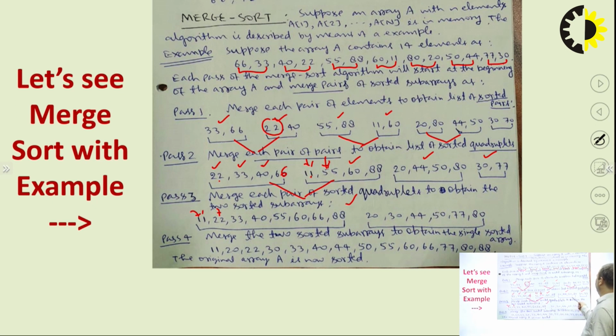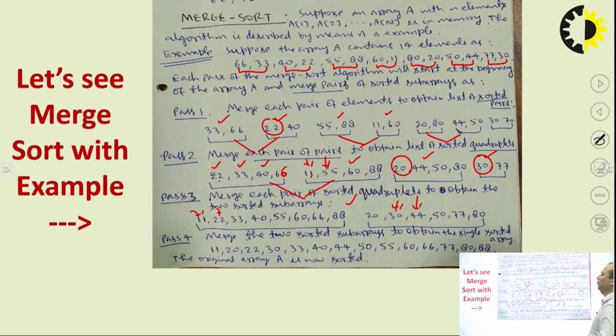Similarly here, what do we do? We compare the first element of this sorted list with this first element, which one will be lesser? 20. So we will put 20 here. Then again we will compare 30 with 44. Which one will be lesser? 30. So this will come into second position. And 44 will be compared with 77. 44 is lesser.